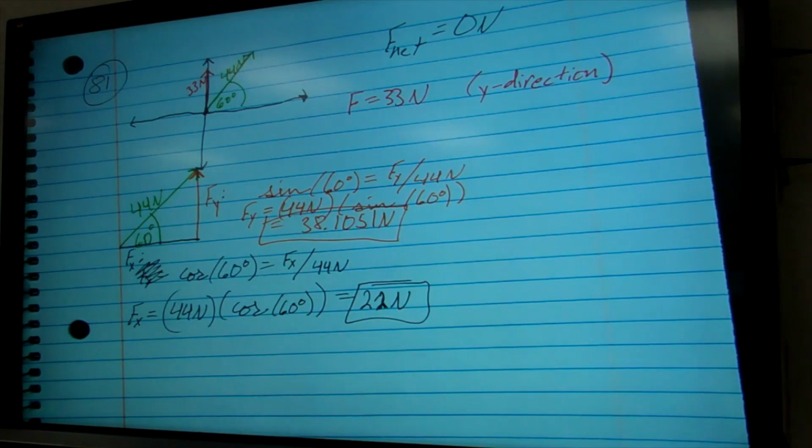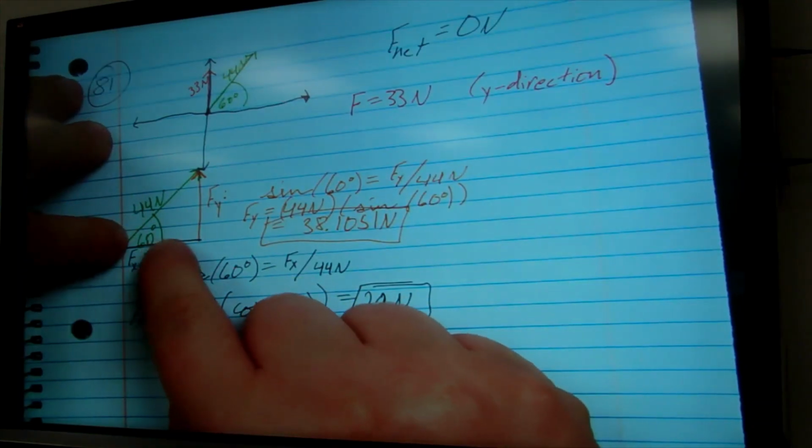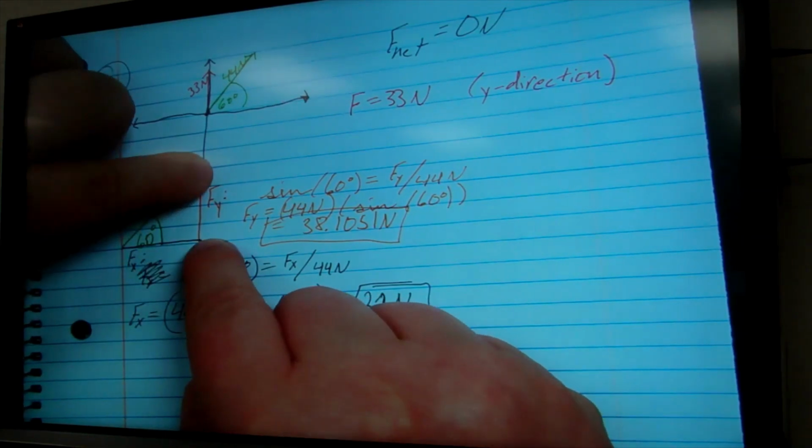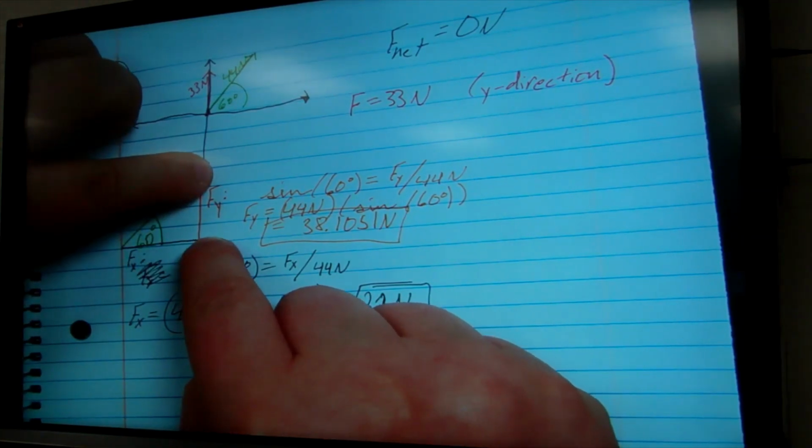Is it always going to be sine when it's going up, and then always cosine? Or does it switch up? It depends on the angle you're looking from. Look at it this way. It's kind of like Pac-Man. Go to the angle and make Pac-Man's mouth. Whatever Pac-Man's mouth is opening to eat, that's sine.